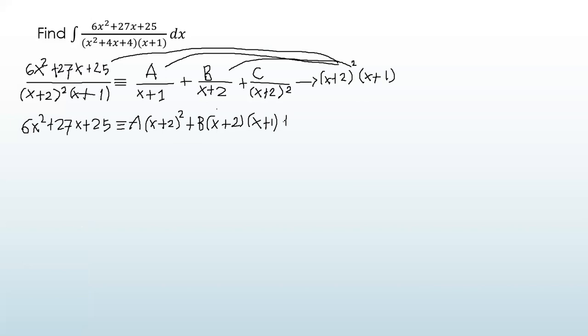And then for c over x plus 2 squared, it's going to be c times x plus 1. Okay.